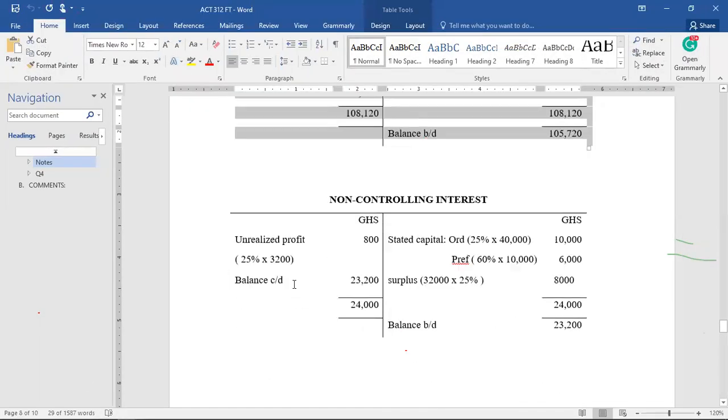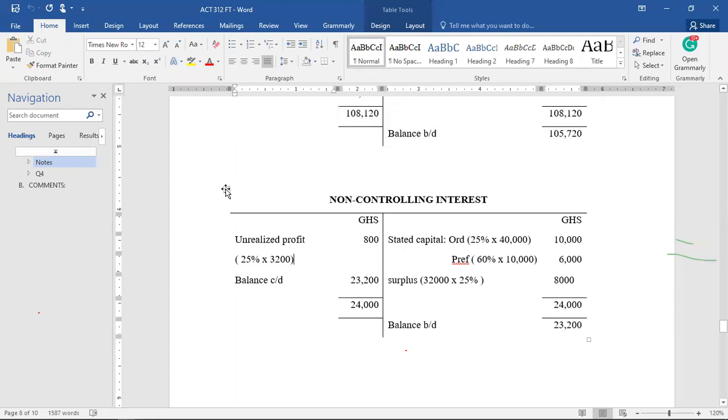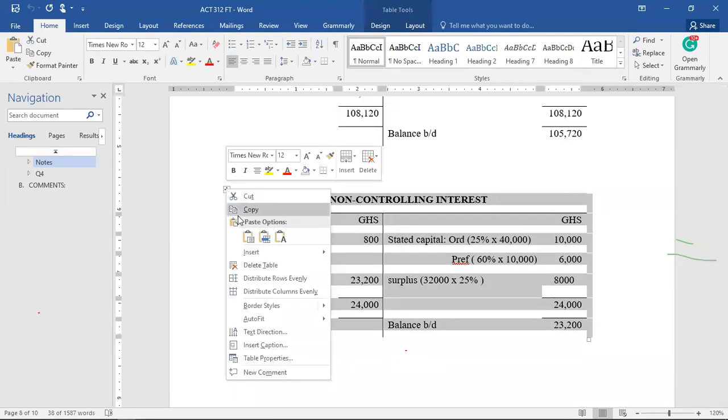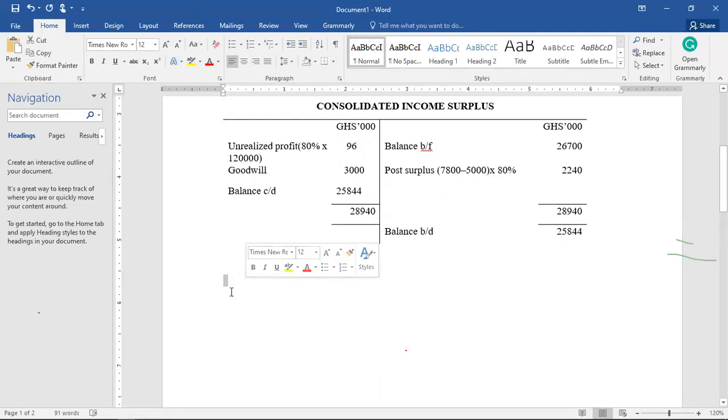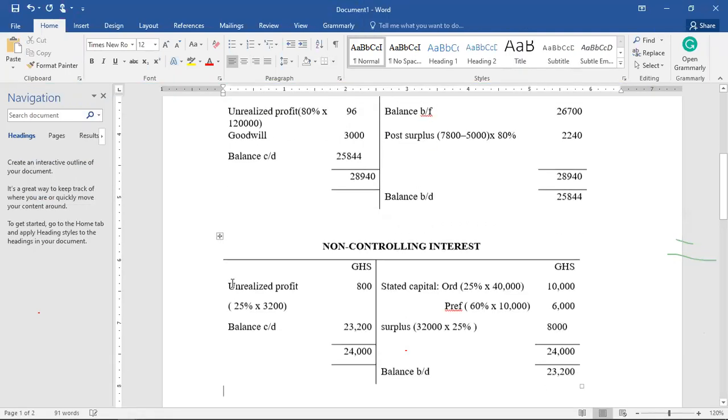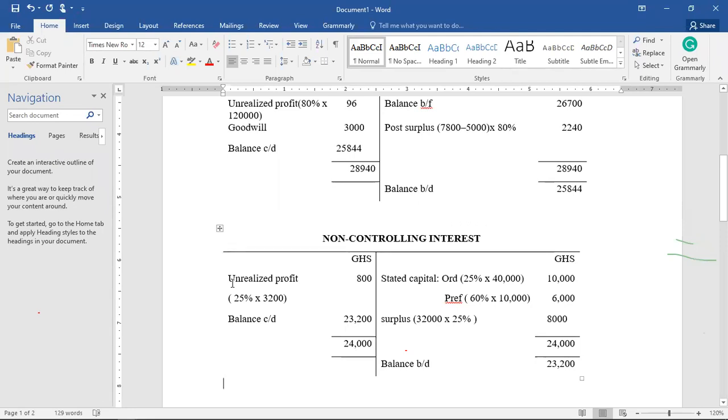The next item you look out for is to prepare your non-controlling interest account. Now you are being told that the parent company bought ordinary shares, but no preference share.